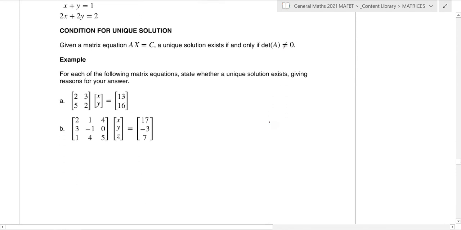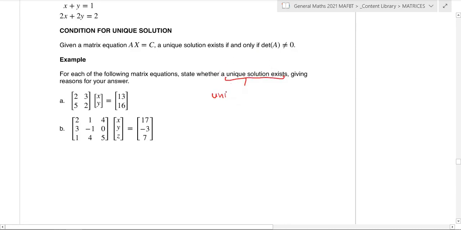Okay, so for these ones, it wants us to solve these, but before we even solve them, we have to state whether there's a unique solution or not, and then we've got to give a reason for it. Okay, so a unique solution will exist if your determinant does not equal 0. Okay, so I'll write this down here.